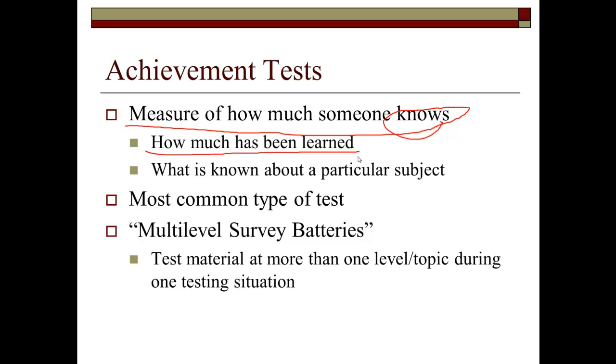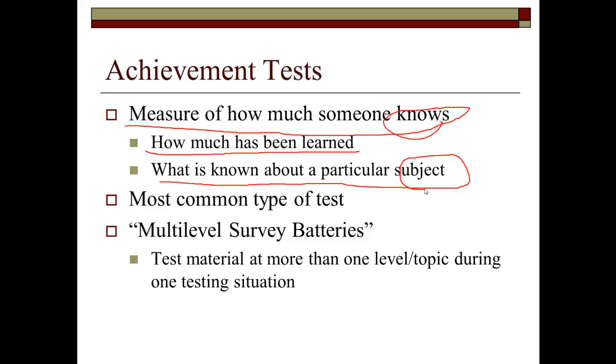Sometimes school systems will do a pre-test, give the achievement test at the beginning of the year, and then do a post-test at the end of the year to see how much improvement has been achieved during that particular year. And it's basically going to measure what is known about a particular subject or subjects.